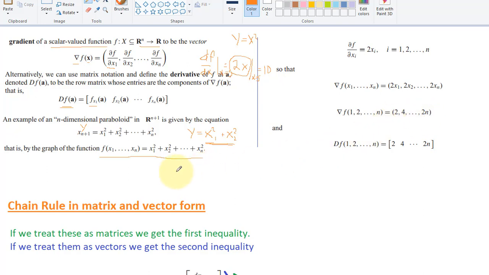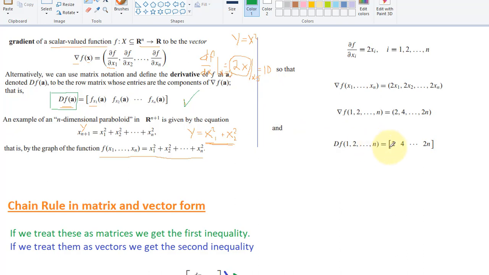Now, if we wanted to use the derivative notation or the matrix notation, this notation here, so that we want this thing, and it's a matrix, we mean we do the partials and put in the value there.